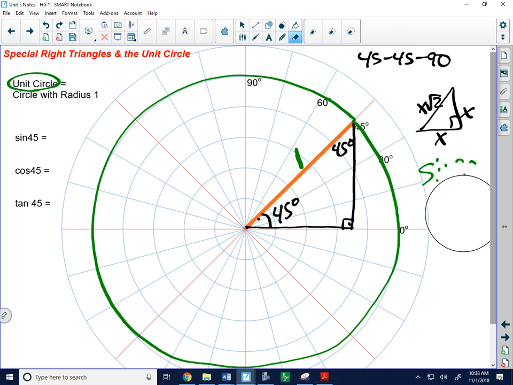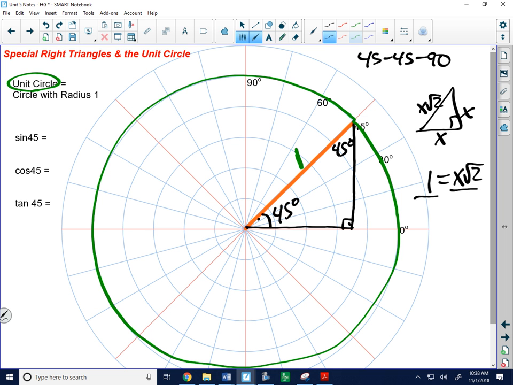What I like to do is set the hypotenuse equal here, 1 equal to x radical 2. Or if you just know it's divide by radical 2, that's fine. I'm solving for x, the legs, so I divide by radical 2. Now usually it's a whole number here, right?